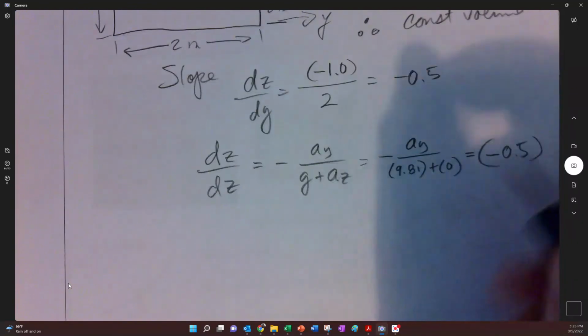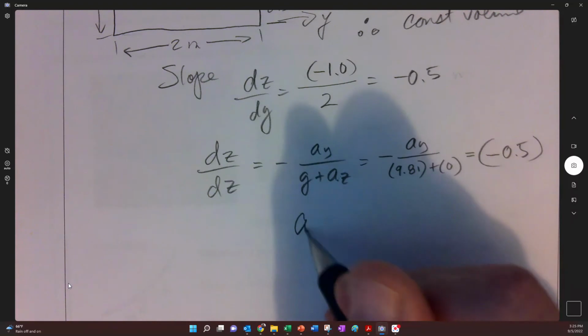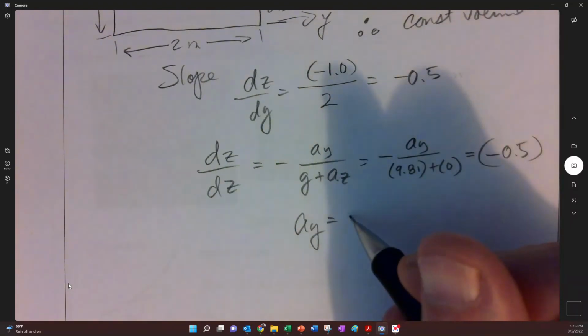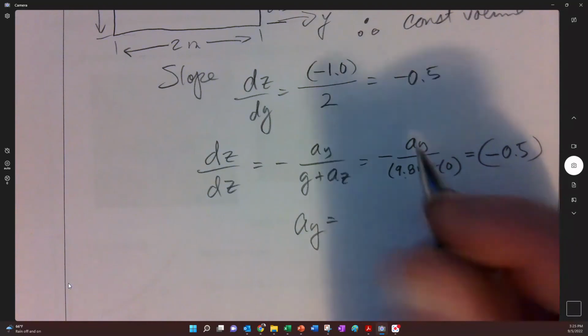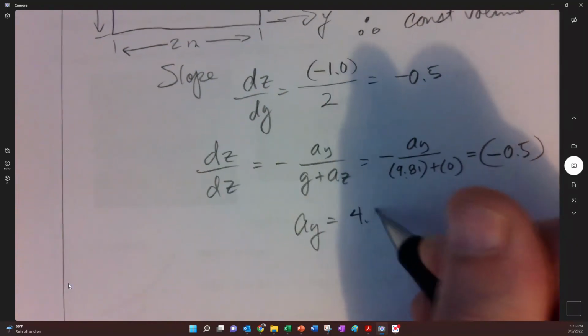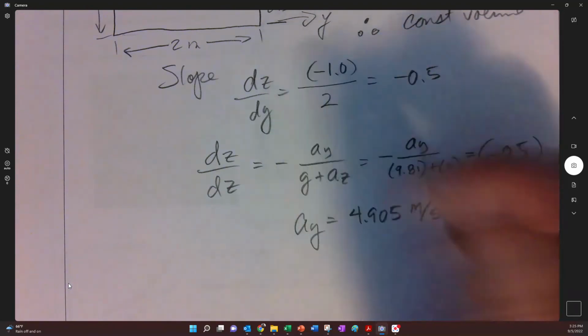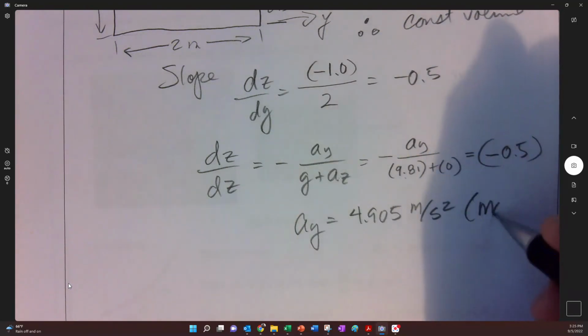So we've established that the maximum amount of acceleration that we could have to avoid spilling is going to be 1/2 of 9.81, which is 4.905 meters per second squared. So this is the max allowable.